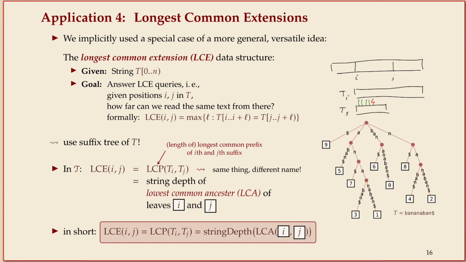And we've also already seen the second equation, which relates this to the suffix tree, namely the longest common prefix of any two suffixes. So any two suffixes correspond to some leaves in the suffix tree. And then I can find the lowest common ancestor of those two in the tree, and the string depth of that node will give me the longest common prefix of those suffixes.